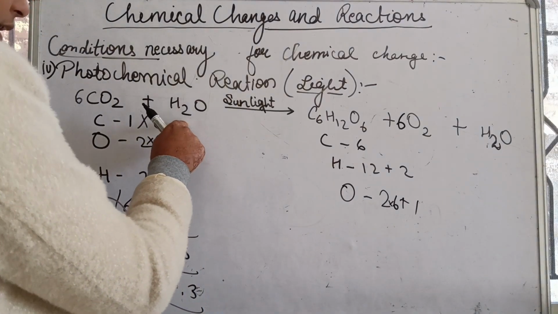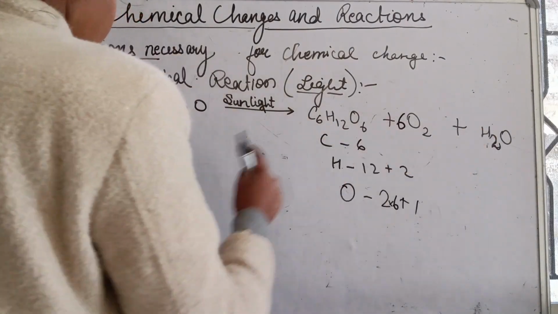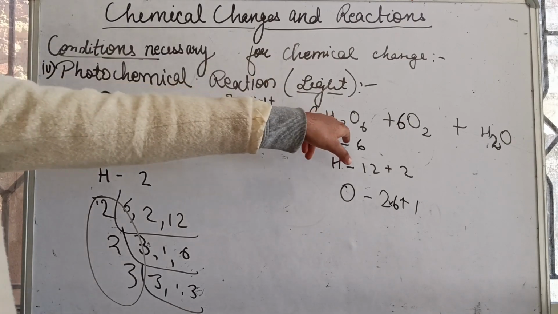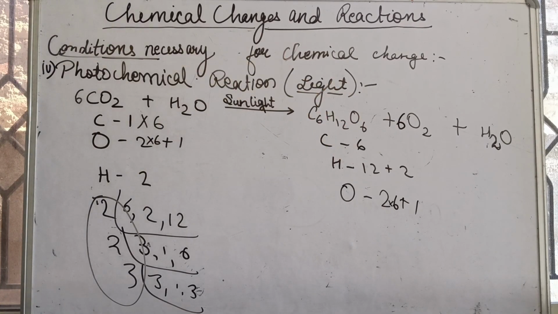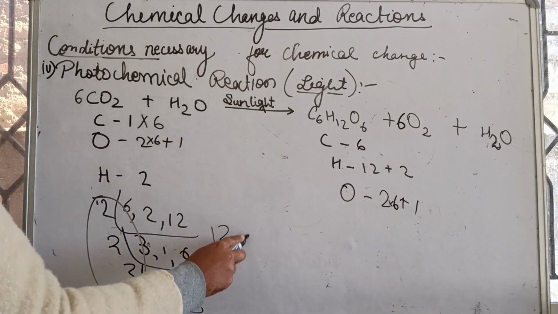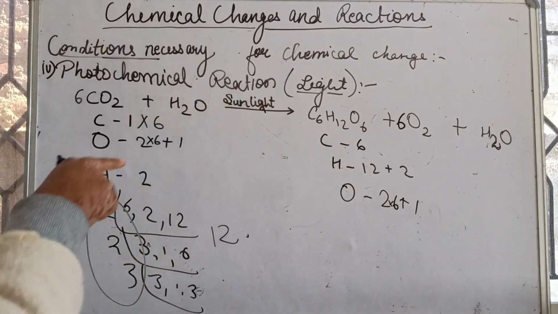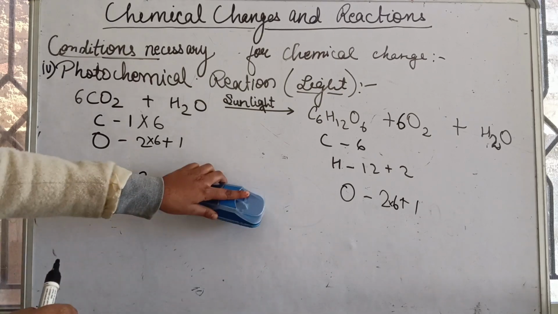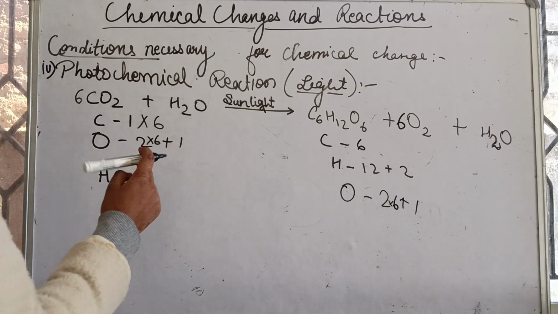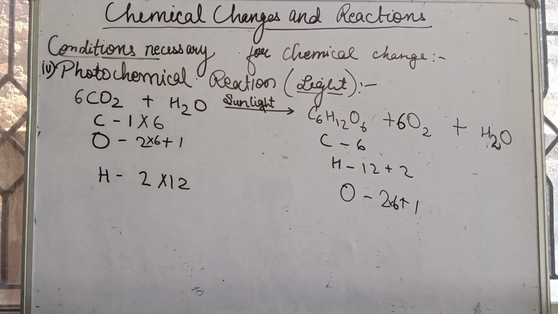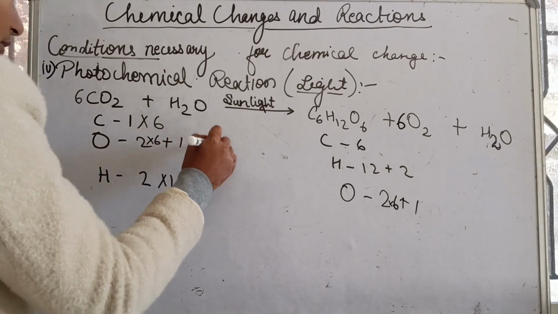H is 2 here, H is 12 here, H is 2 here. So H is 12. That means the LCM for H we'll have to take 12, either that side or this side. If we take 12 here, this will give 24. Then 12 here also.